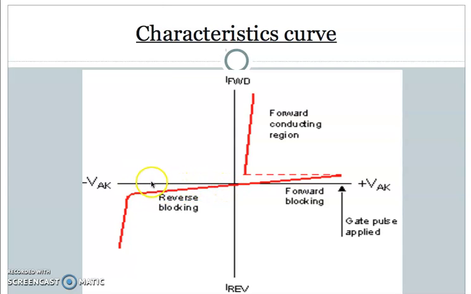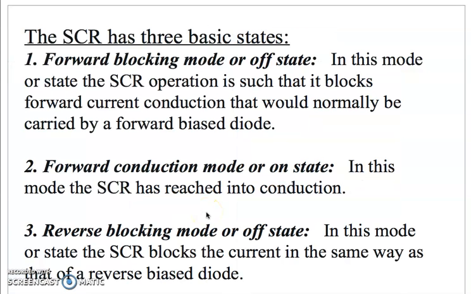Even if the voltage is increased, this current remains approximately constant. After a certain voltage, breakdown of the reverse biased depletion region takes place, and after breakdown, a huge current flows. The reverse bias characteristic is similar to the ordinary diode's reverse characteristic, and this region is referred to as the reverse blocking region. So this is all about the characteristic curve of SCR.